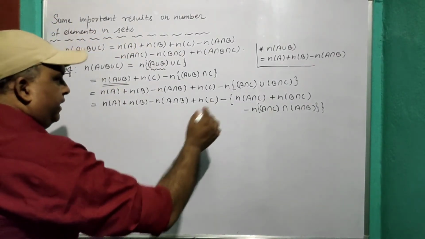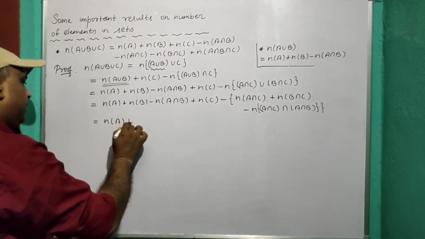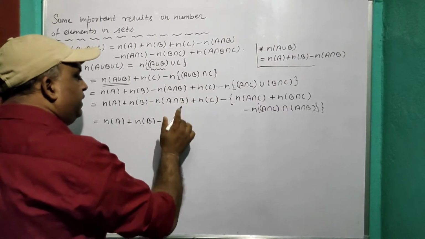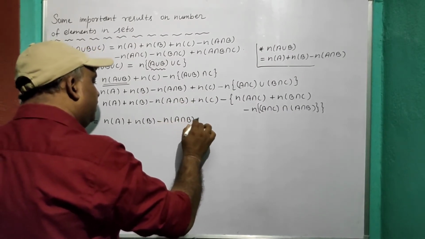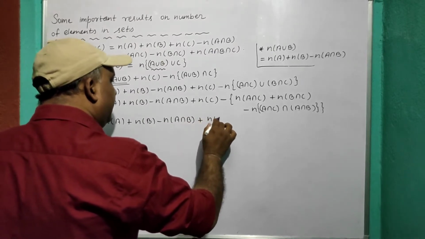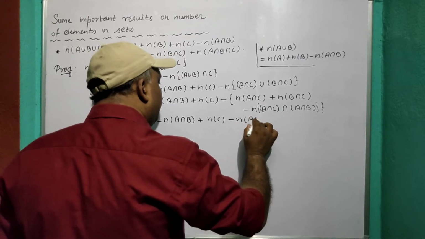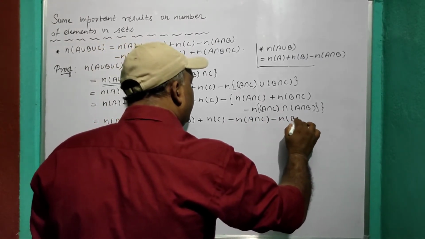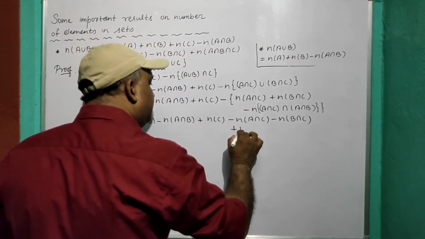अब इसको कंबाइन कर लेते हैं. तो देखो, you are getting nA plus nB minus, this one is n(A intersection B), this one is nC. Now when you open the bracket, it will be n(A intersection C), this will be minus n(B intersection C), and minus minus plus n.